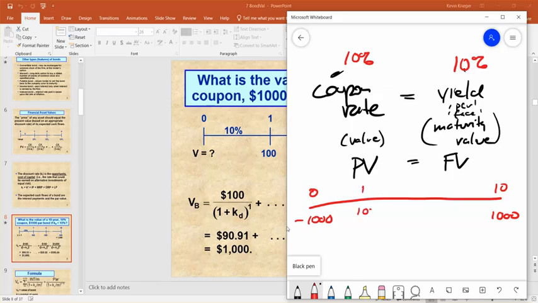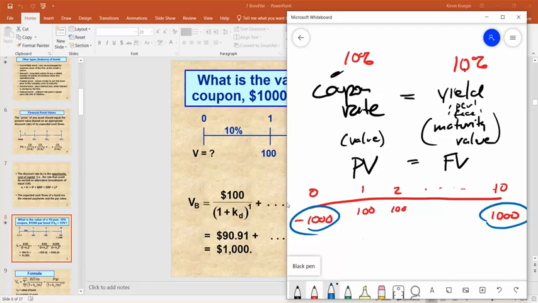So the bondholder gets $100 every year in this example. Well, the reason that this present value equals the future value is not an accident, it's a mathematical reason. And the reason why is because if you actually take the present value of these dollars that are repaid, it works out to be exactly $1,000 at present.